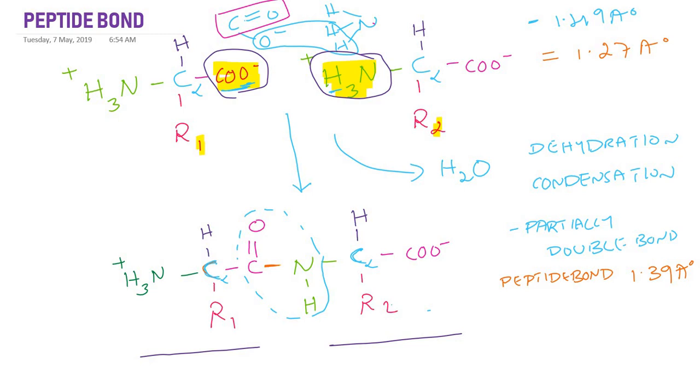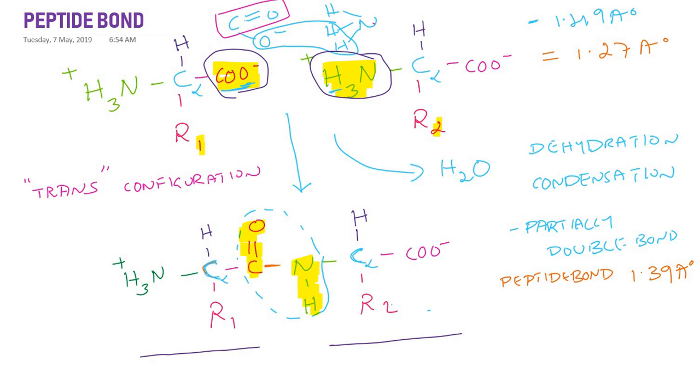And please notice here the C double bond O and this NH are in trans configuration. Trans means opposite direction, cis means same side. So C double bond O is on one side and NH is on another side. Almost all amino acids, when forming a peptide bond, will form trans configuration.